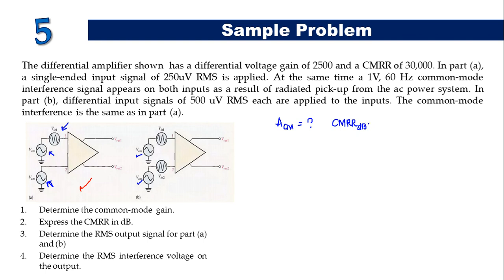Then third, pinapahanap sa atin yung RMS output signal for part A and B. So, voltage out for part A and part B. Then, pinapahanap din sa atin yung determine the interference voltage on the output. No, RMS voltage ng output in both A and B. So, ang daming tanong, ano? Subukan natin sagutin yan. Alright?